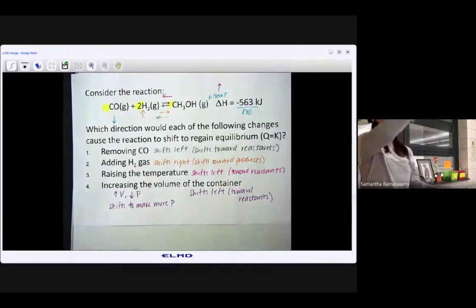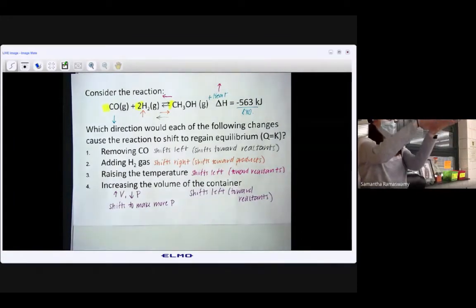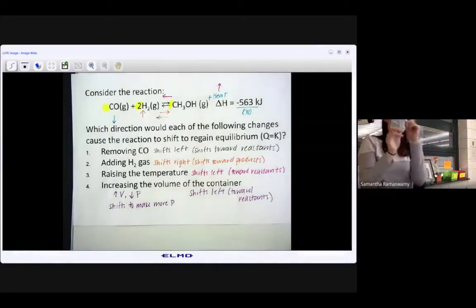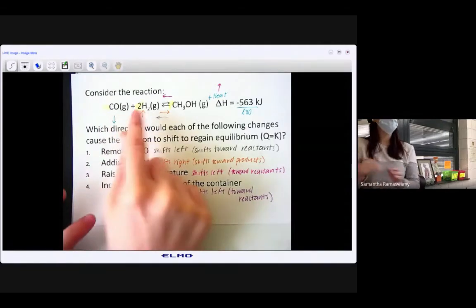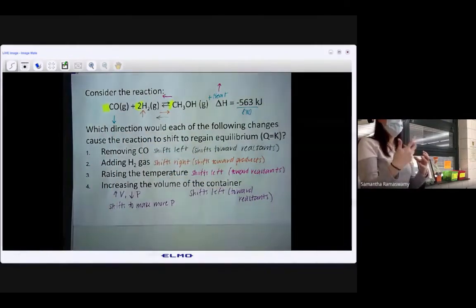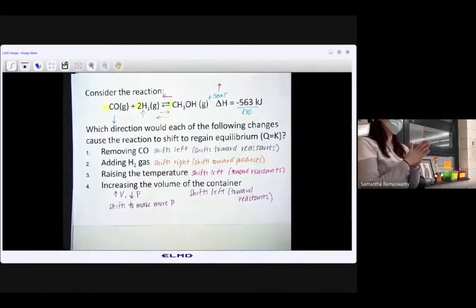So instead of the pressure being up here where it needs to be, now it's down here. To get back to equilibrium, we need to bring pressure back up. To bring pressure back up, we want to make more gas. Since the reactant side has 3 moles of gas, as we make more reactant, we have more and more collisions, so pressure will come up more quickly.